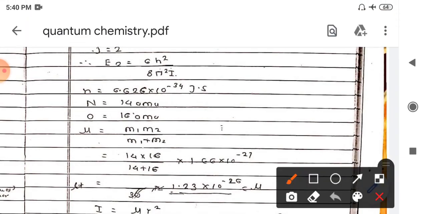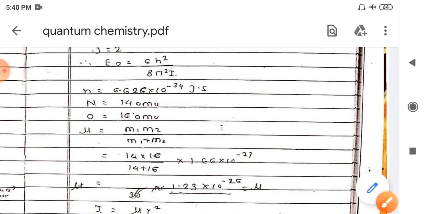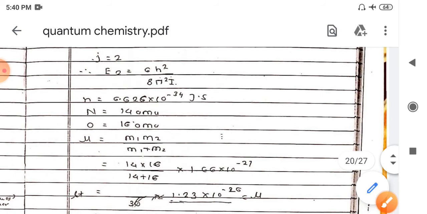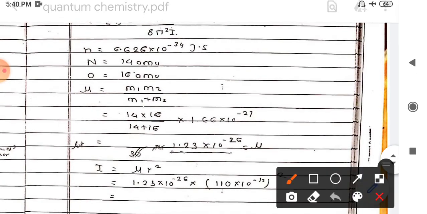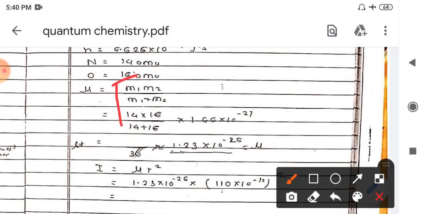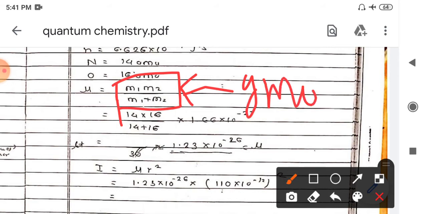It is obtained by using the formula mu r square, where mu is the reduced mass and r is the internuclear distance. The reduced mass is obtained using m1 m2 upon m1 plus m2, but here the masses are in gram per mole and the required answer is in gram only.